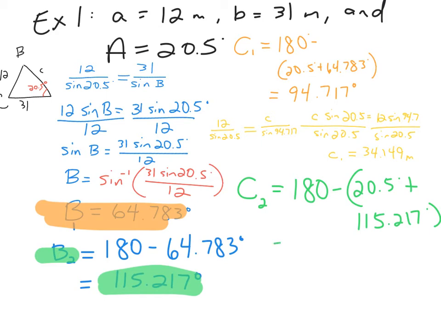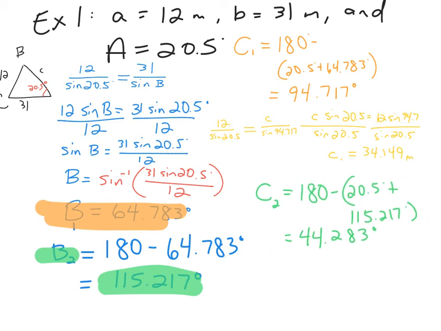And when we do that calculation, that's going to come out to 44.283 degrees, and that's going to be our C2 value, our second value for C.